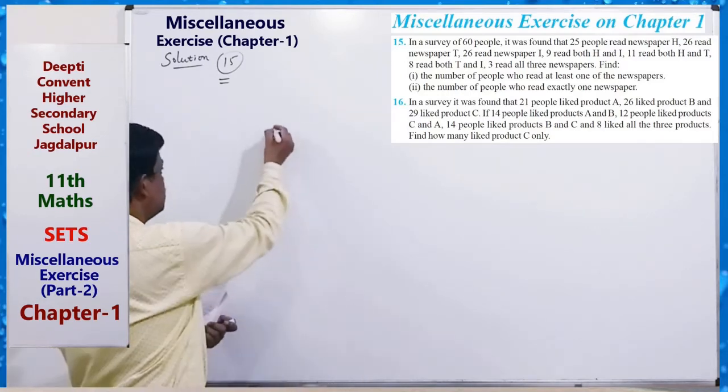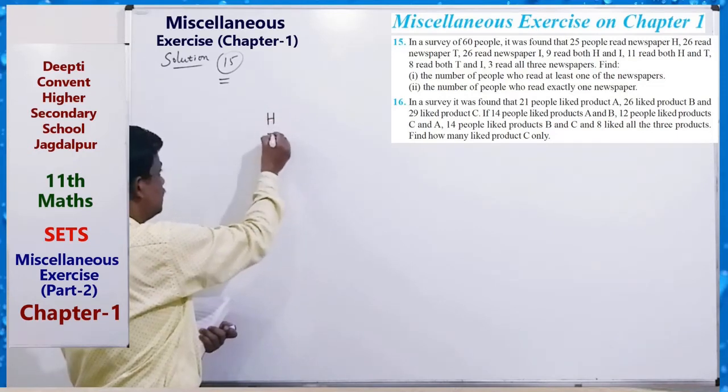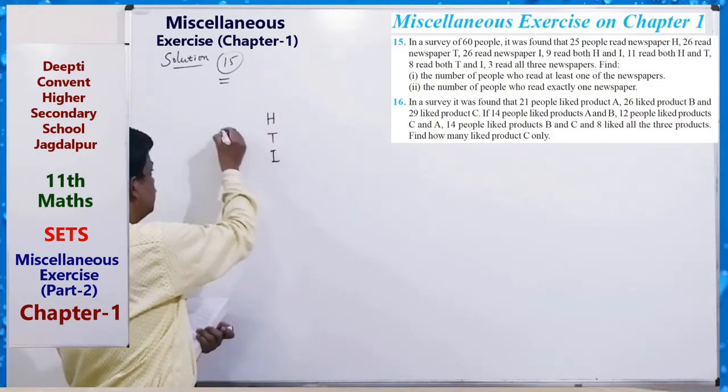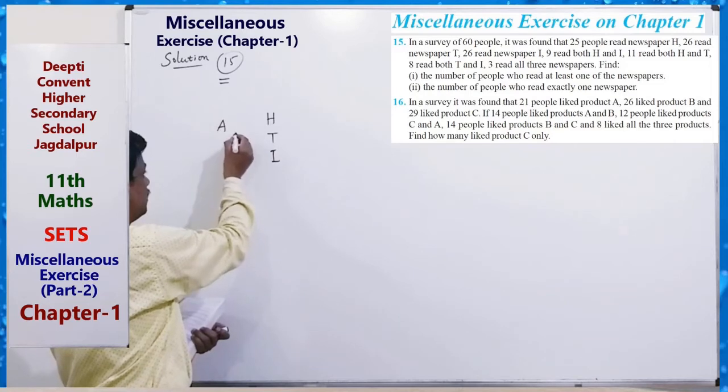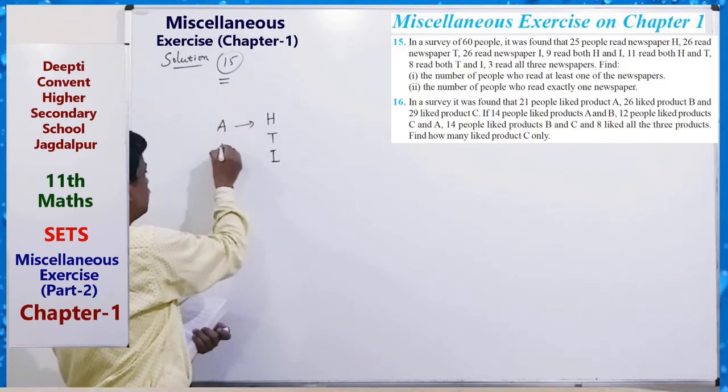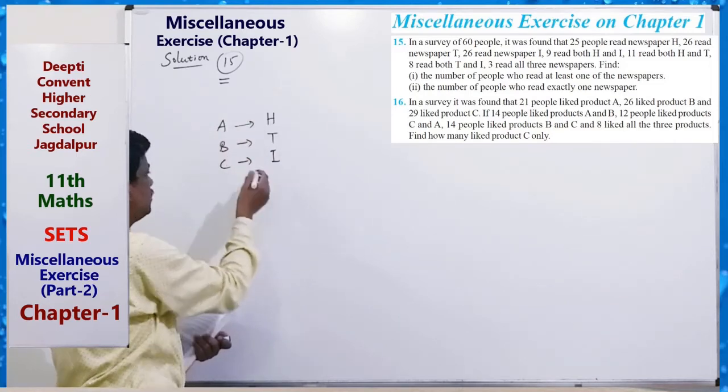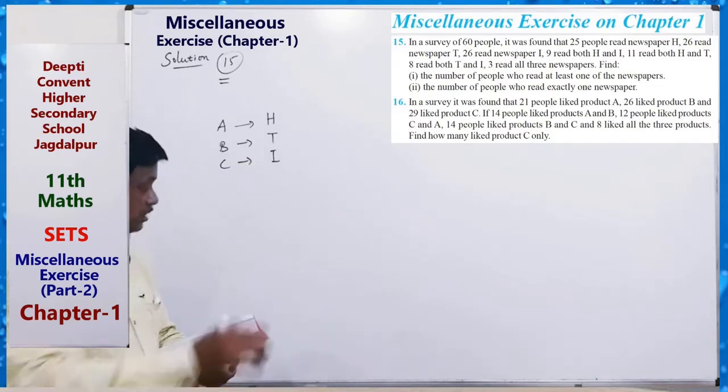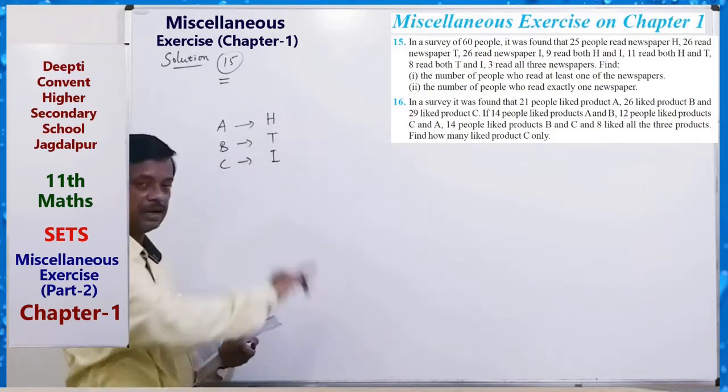So here how many newspapers are there? H, T, I. So suppose A is the set, B is the set, C is the set for reading newspapers H, T and I.